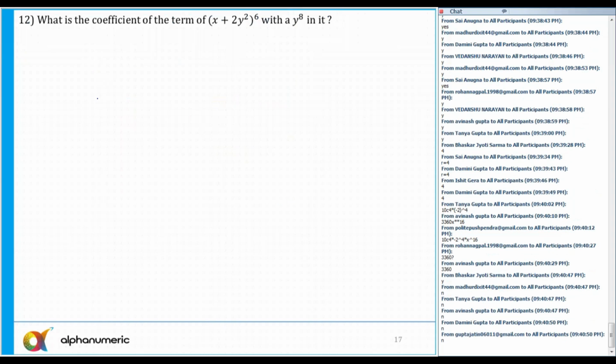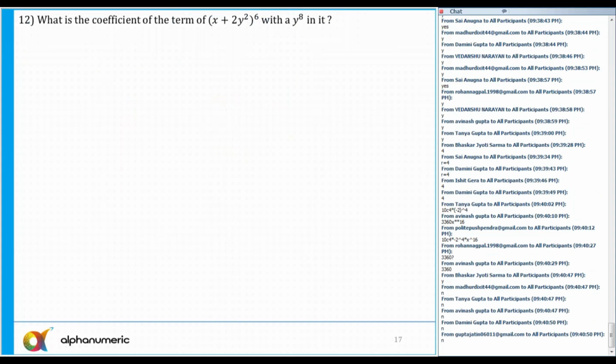Try this. What is the coefficient of the term of this with y raised to power 8 in it?